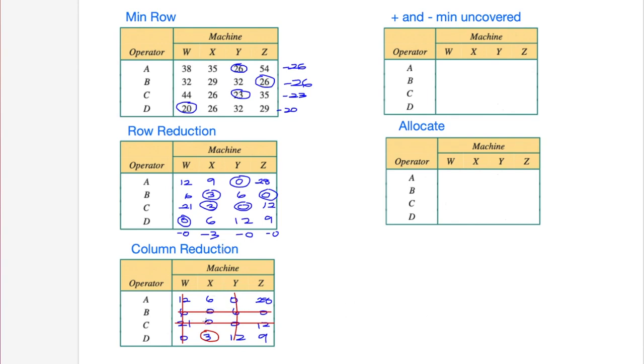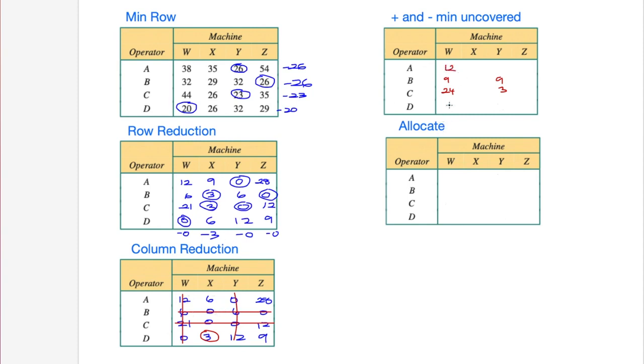So if we add 3, I like to do it by position. If we add 3 to those 4 spots that are in those crosshairs, we can see we get 6 plus 3 is going to be 9. 21 plus 3 is 24. And then over here in column Y, we have 9 and then 3. Like that. Let's also then copy in all of the covered numbers because they're not going to change.